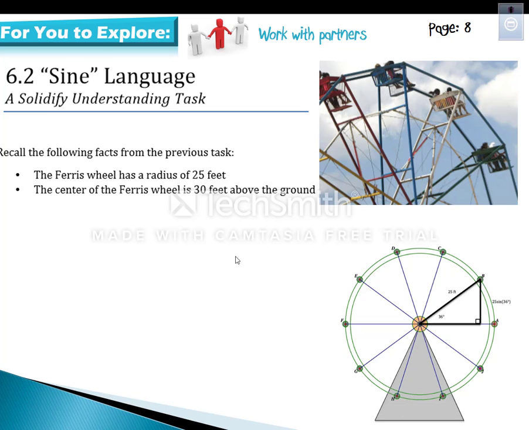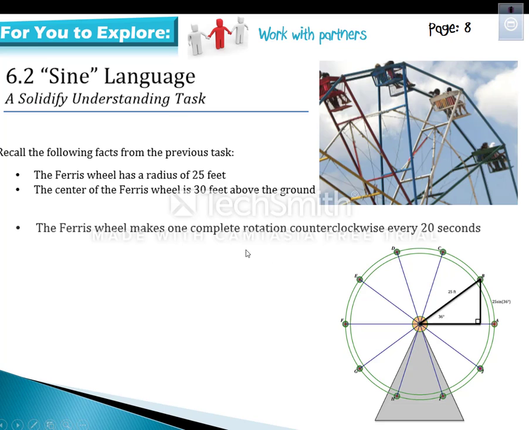So now what we're going to do is we're going to consider this. Given this information, if the Ferris wheel makes one complete rotation counterclockwise every 20 seconds, that means that if you're starting at position A, it's going to take you 20 seconds all the way to go back to position A. So let's try to think about this for a minute. How long would it take then to get over here?